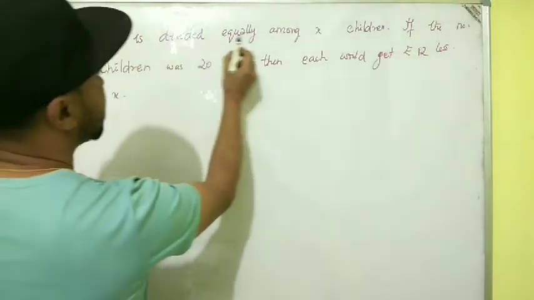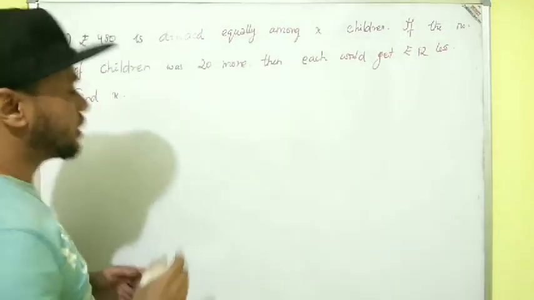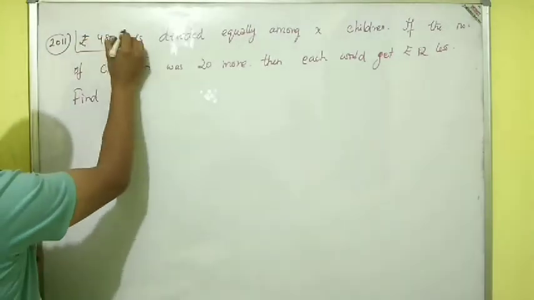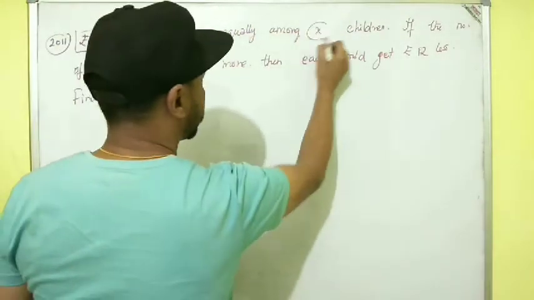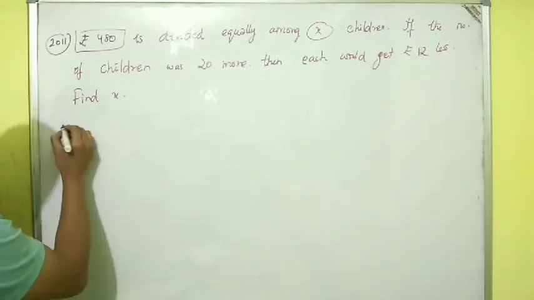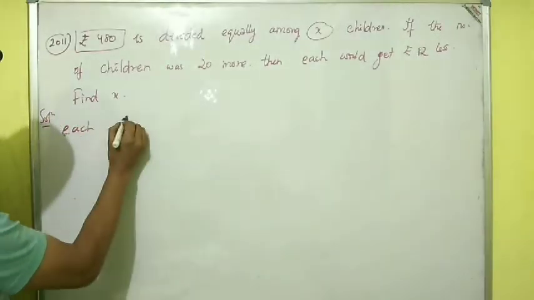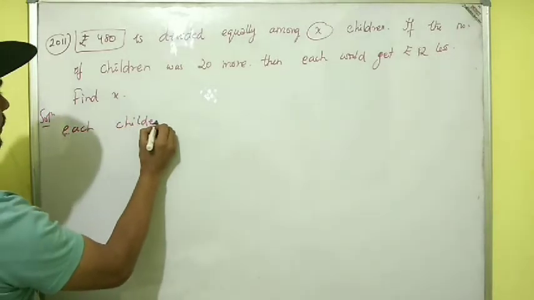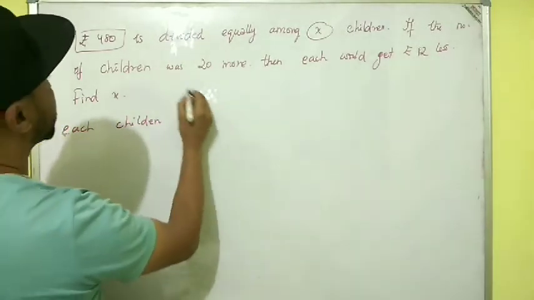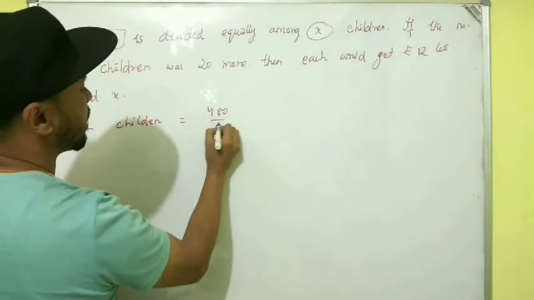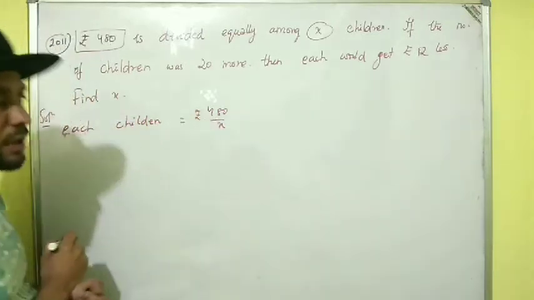Rupees 480 is divided equally among x children. So now the solution. Each child will get 480 divided by x rupees, isn't it?